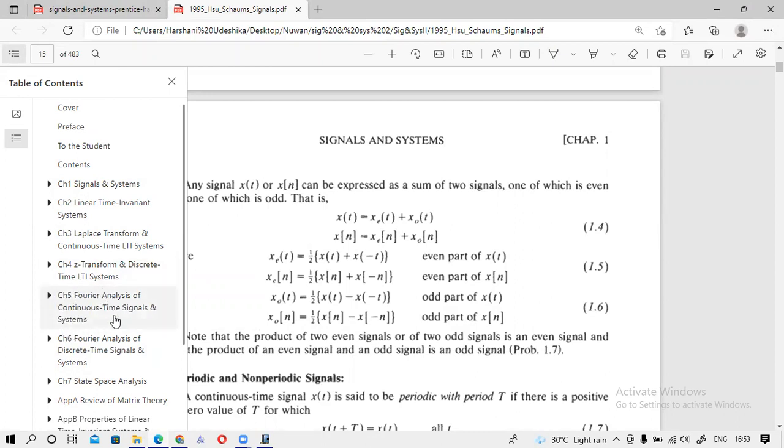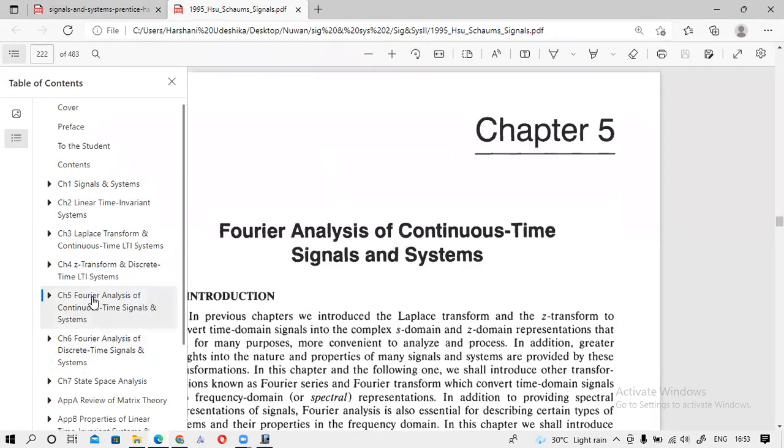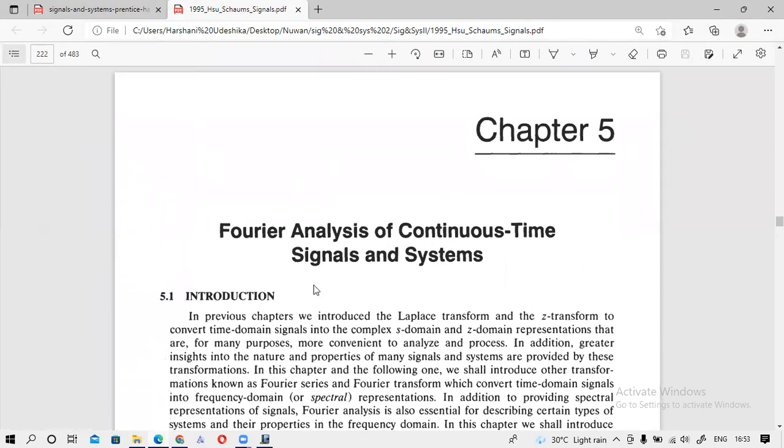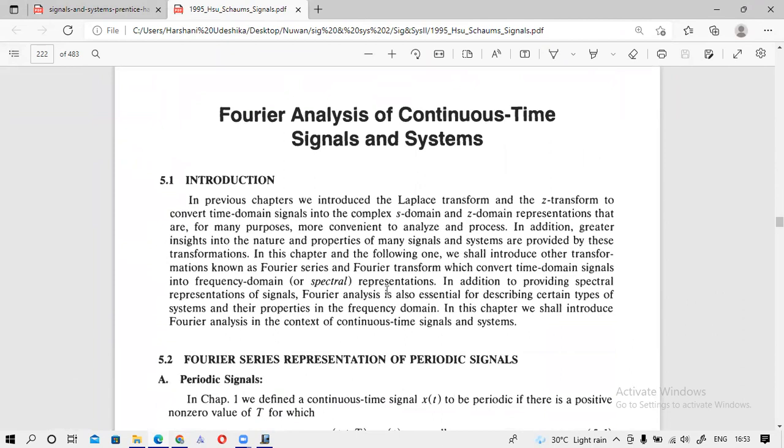Our focus will be on this chapter, so you can refer to this chapter also. You can see some introduction is there.